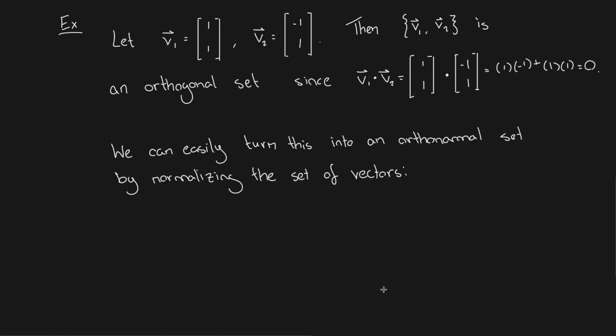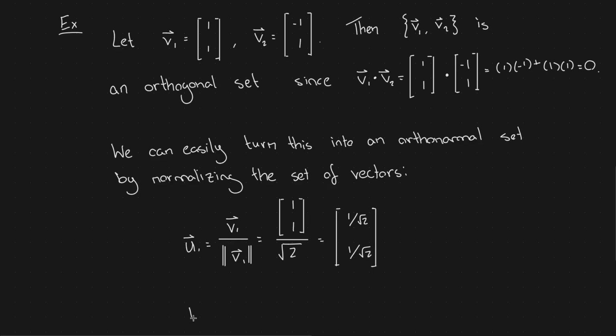Okay, so let's start with v1. I'm going to call my new normalized vector u1. So I'm going to take v1, and to normalize it, I just divide by its norm. The norm of v1 is the square root of 2. And so I get (1 over square root of 2, 1 over square root of 2).